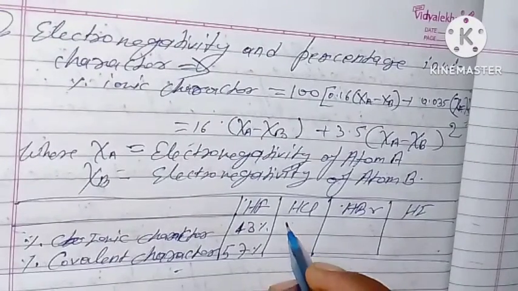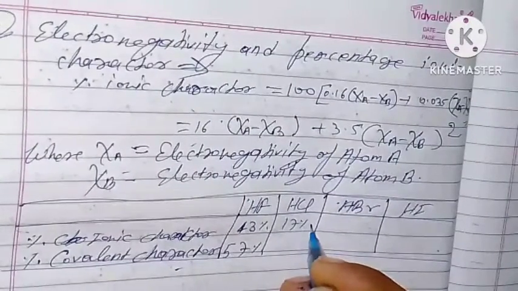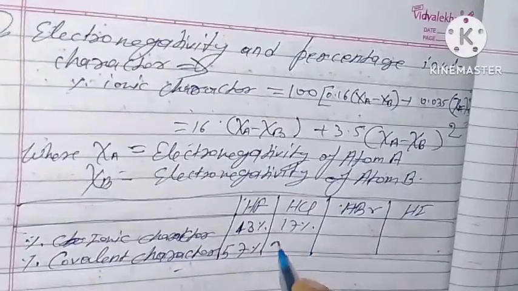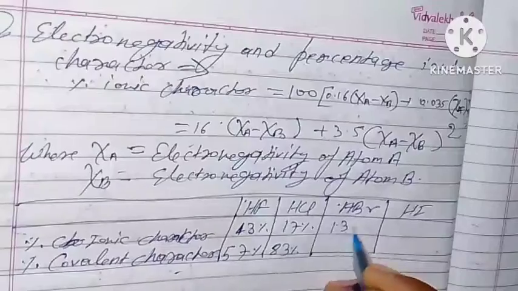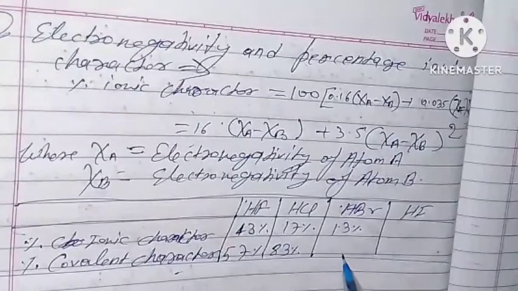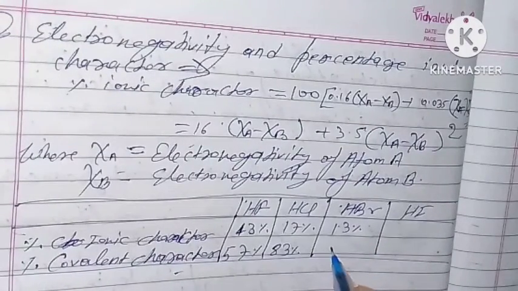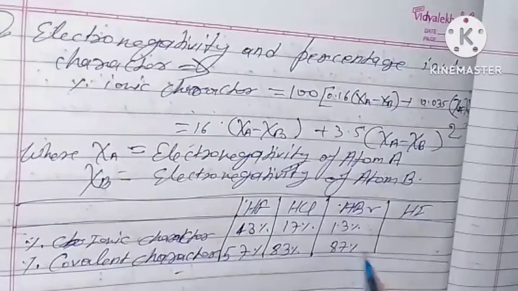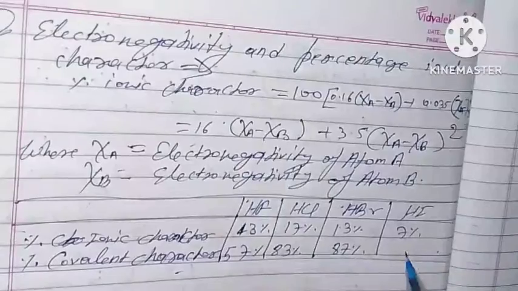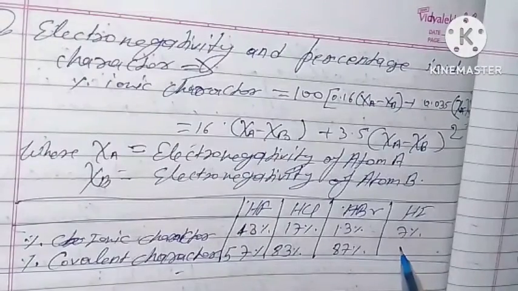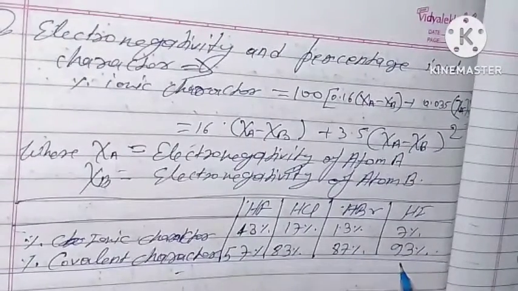In HCl, 17% ionic character and 83% covalent character. Hydrogen bromide, 13% ionic character and 87% covalent character. In hydrogen iodide, 7% ionic character and 93% covalent character.